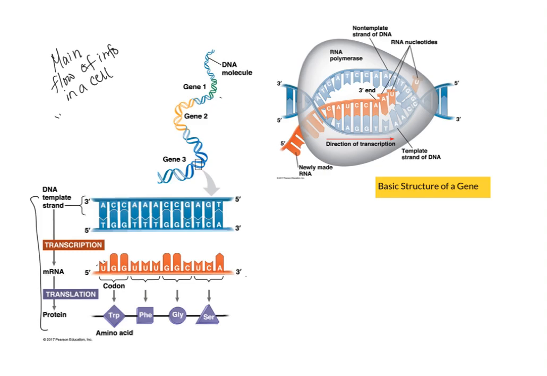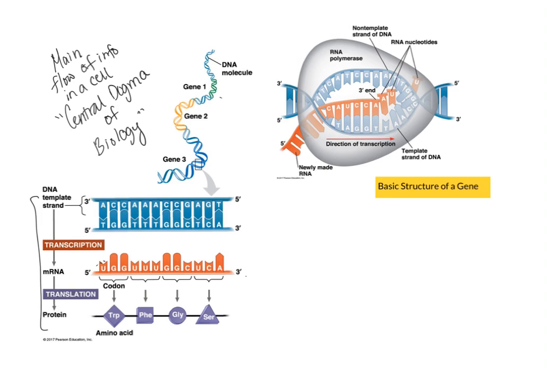This is also referred to as the central dogma of biology, since it's seen across the board in all organisms as how DNA controls the production of proteins, which do all of these things in organisms. Okay, so let's do a quick summary of this central dogma.